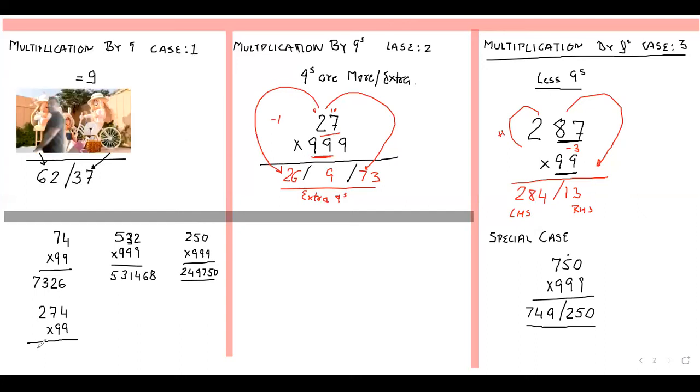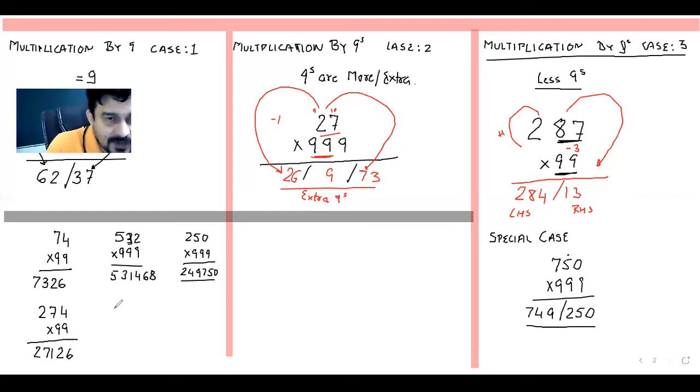The correct answer is 27126. Don't we have to add 2 plus 1, which is 3, because we have to subtract 3 from this number to get LHS? 2 plus 1 is 3, so 274 minus 3 is 271.